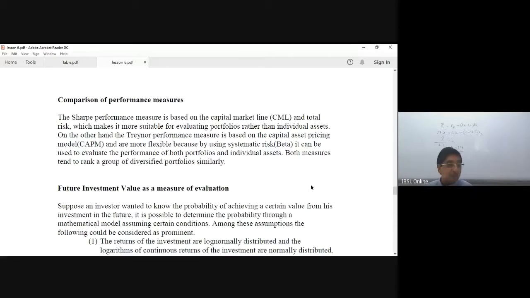On the other hand, the Treynor performance measure is based on the capital asset pricing model. That's why, in order to calculate the Treynor measure, we have to go through this capital asset pricing model. And it is flexible also because it uses systematic risk. In the case of the Treynor measure, it is applicable for both portfolios and individual assets.